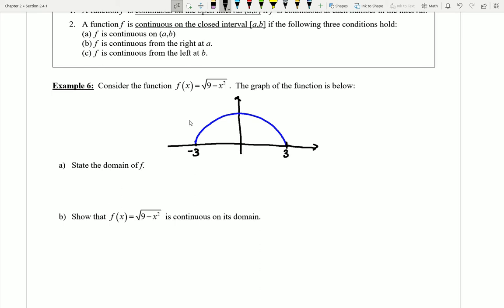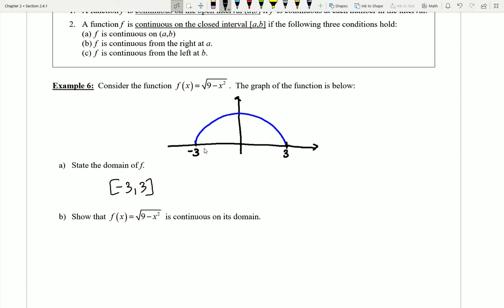The smallest the inside could ever be made into is the number 0. And so I can see that that would happen if I plug in negative 3 or positive 3. Anything bigger than 3 is going to force me to subtract too much. And anything smaller than negative 3 is going to force me to subtract too much. So the domain here would actually just be negative 3 to 3. Of course, this is perfectly confirmed by the picture.